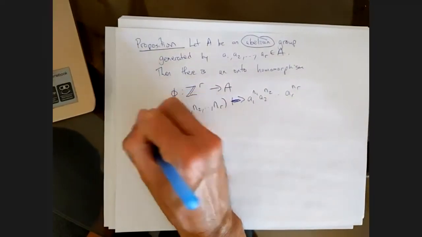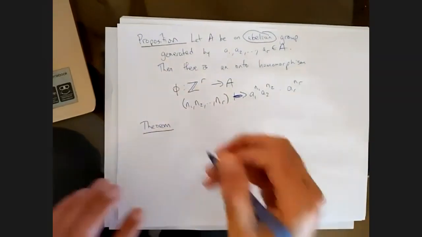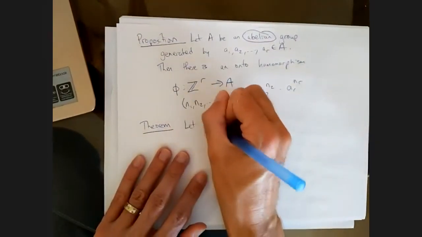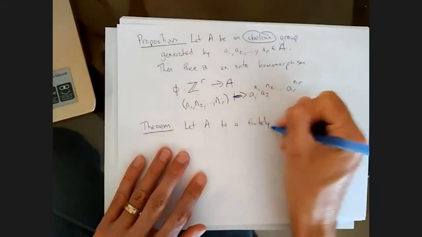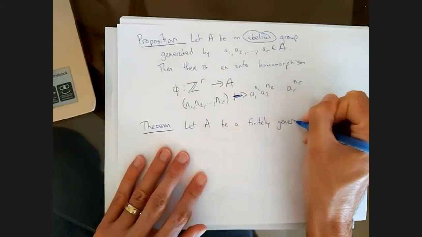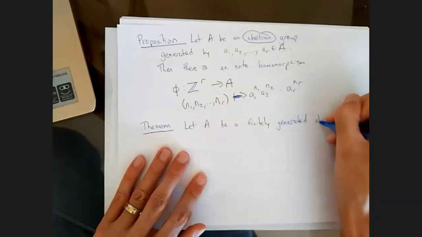Theorem. Let A be a finitely generated abelian group.